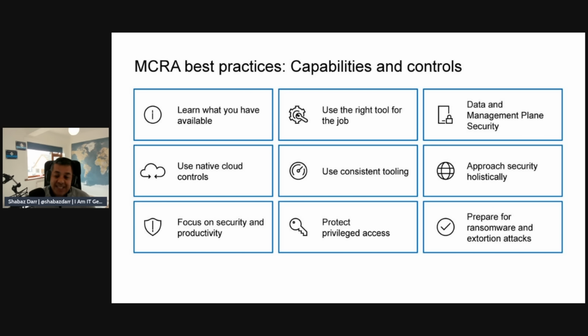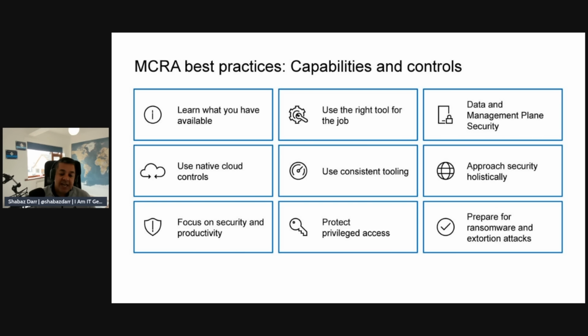Approach security holistically. This means securing an asset requires establishing visibility and control over its full life cycle. Focus on security and productivity, so ensure that security enables productivity as well as reducing risk. Security should provide healthy friction that causes people to think critically about risk while designing or operating a system.